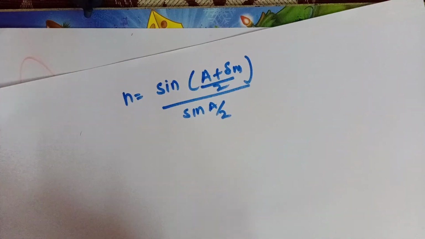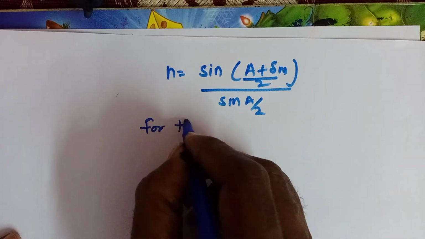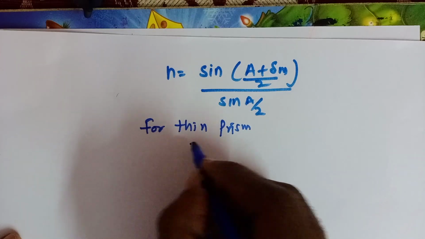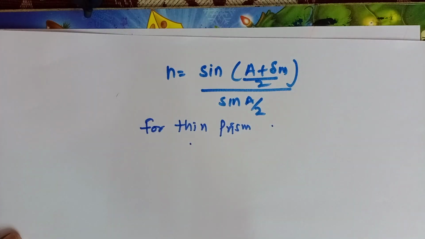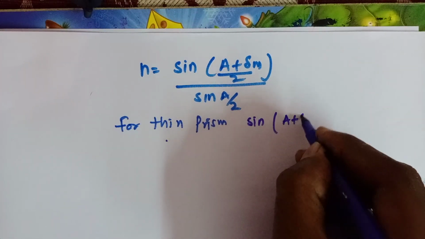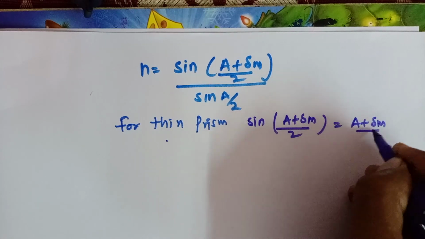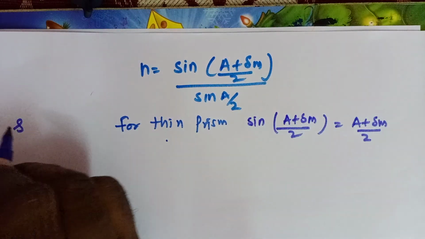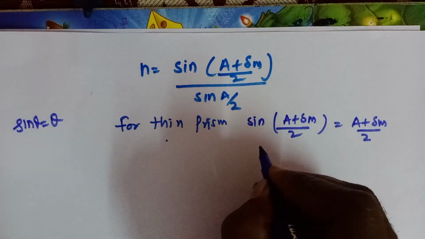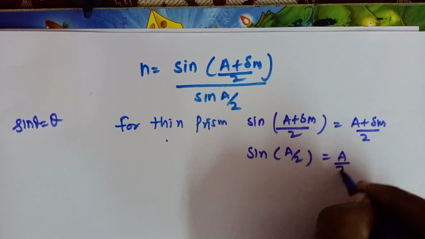Now for a thin prism, sine of A plus delta M by 2 will become A plus delta M by 2, since sine theta equals theta, and sine A by 2 will become A by 2.